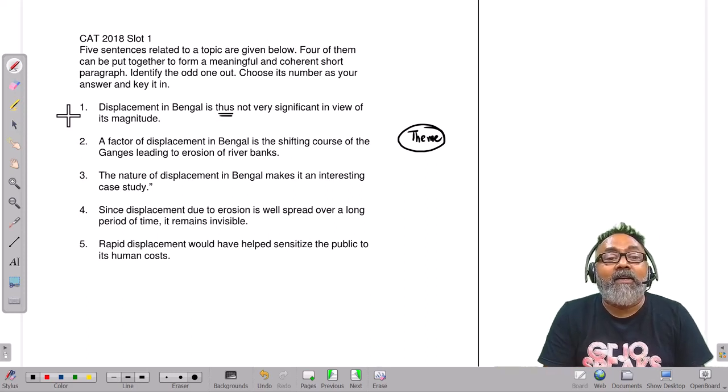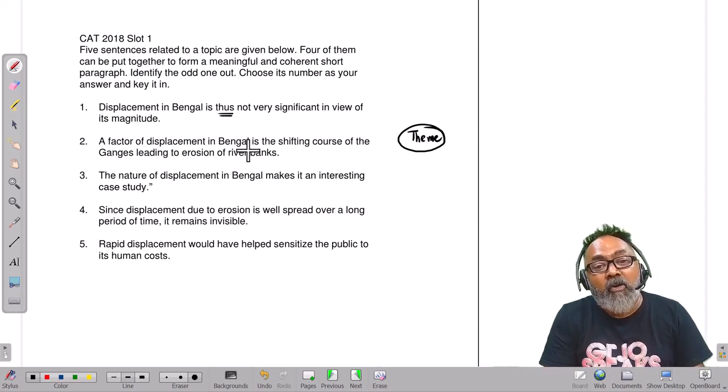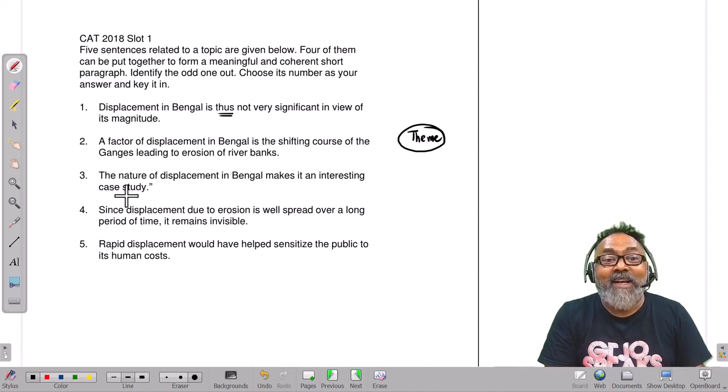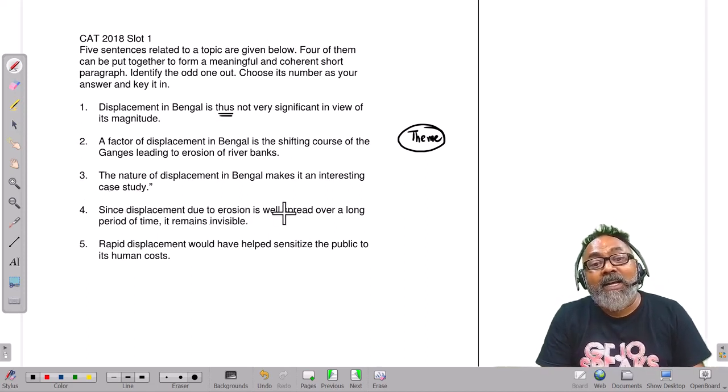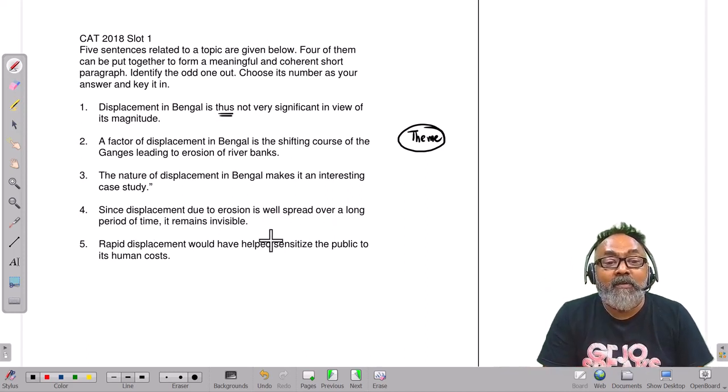A factor of displacement in Bengal is the shifting course of the Ganges leading to erosion of river banks. The nature of displacement in Bengal makes it an interesting case study. Since displacement due to erosion is well spread over a long period of time, it remains invisible. Rapid displacement would have helped sensitize the public to its human cost.